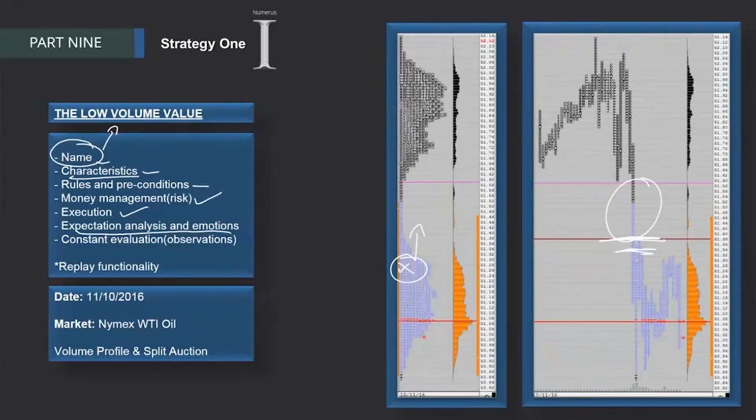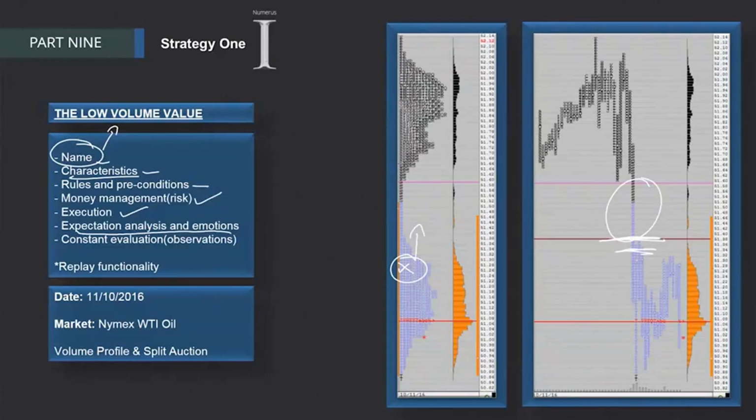But by interpreting that I might go offside very early on, this will enable me to sit in the trade even when I do go offside, because I've emotionally understood what the potential is in terms of my risk. So when you talk about emotional analysis, make it personal, so that it makes sense to you, and so that you understand from an emotional aspect what you might experience in the trade strategy.